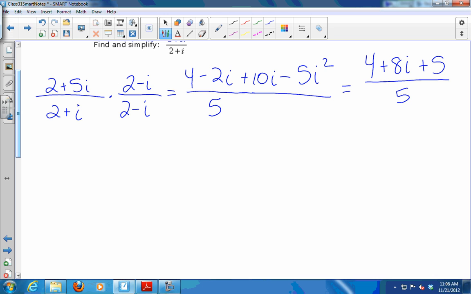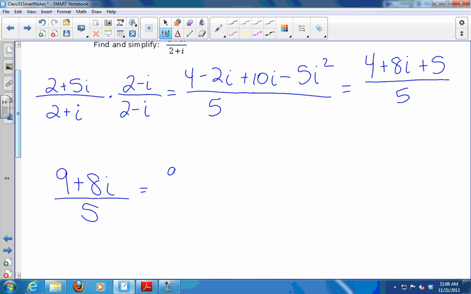Combine like terms in the numerator, and I have 9 plus 8i over 5. And the goal is to write this as a plus bi. I want it to look like every other complex number. Right? So I am going to divide the 5 into both of my two terms.